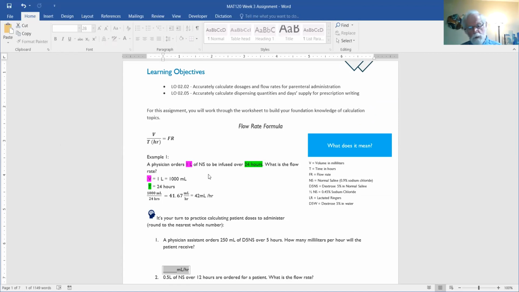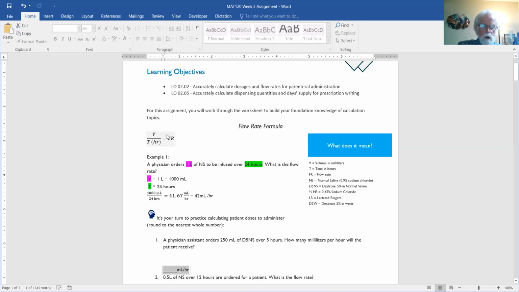It's drops per minute if we are using a manual, gravity-based feed system, because the only way we can adjust the flow rate is by calculating the number of drops that have to go into the patient per minute to equal that flow rate. And we'll get to those calculations again quickly in a bit.